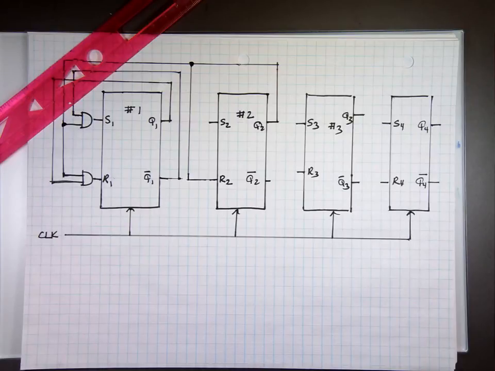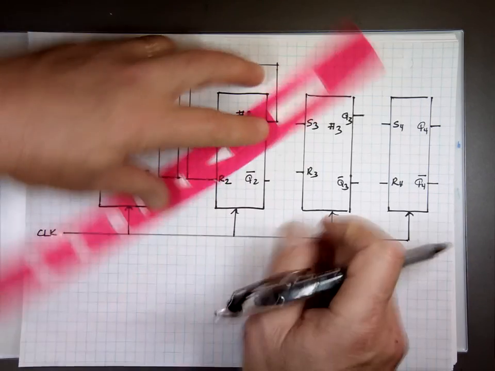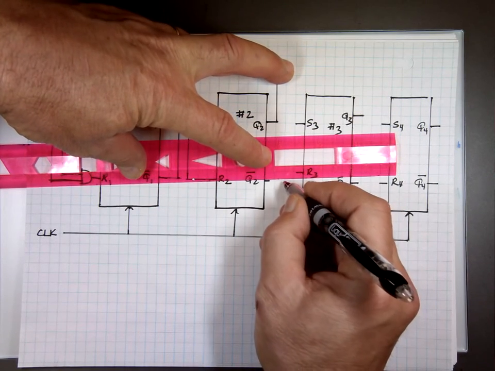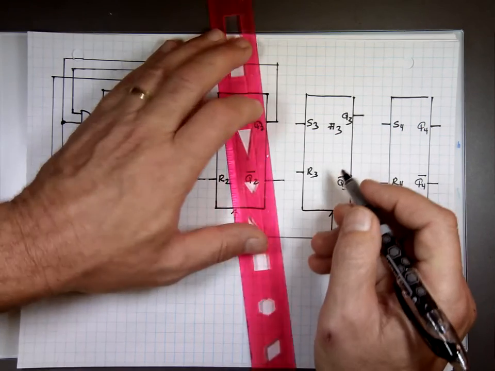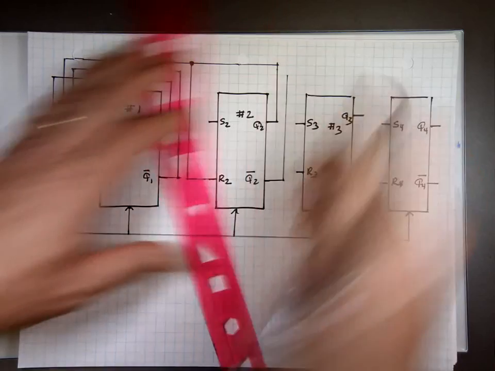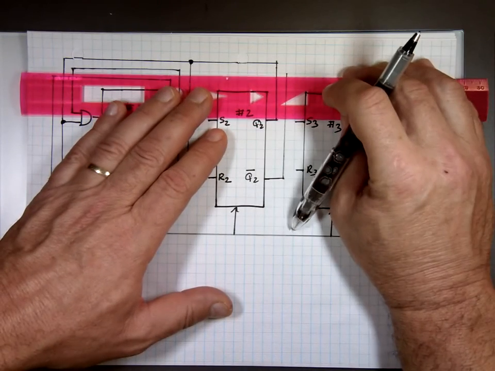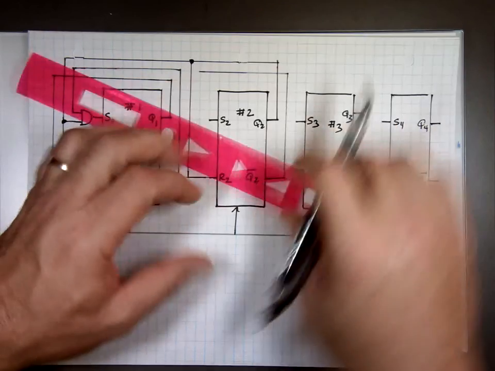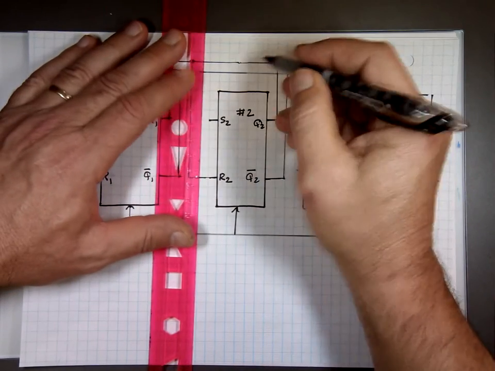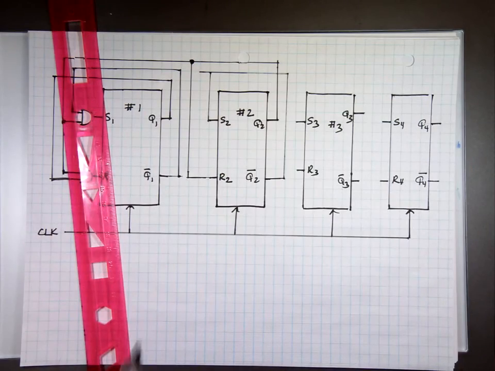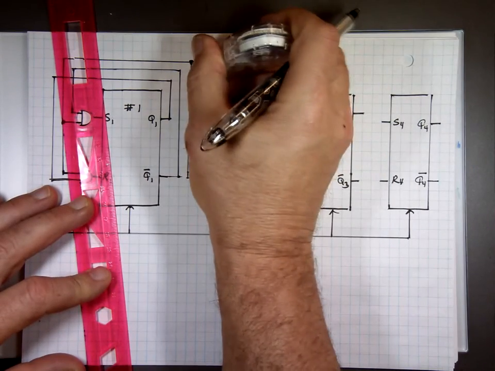There's a Q2 not. So let me move it one space out. Oh, I went too far with it. So now we got the second flip-flop connected.